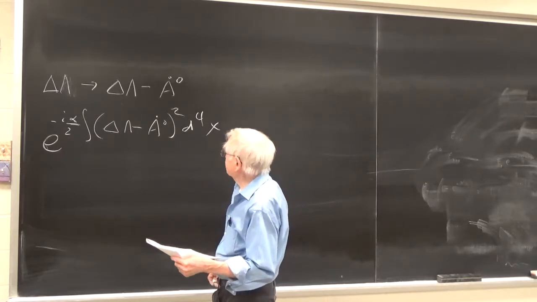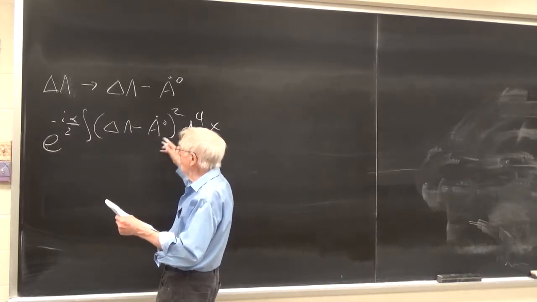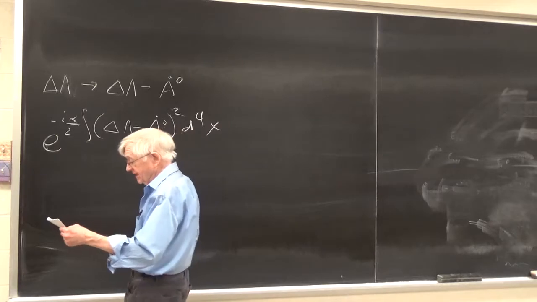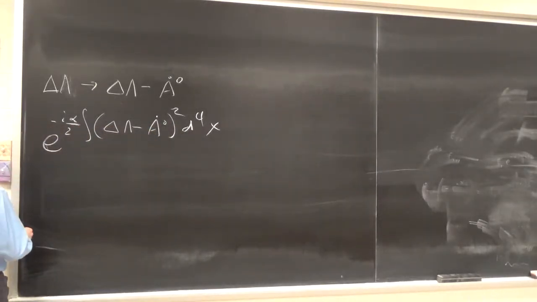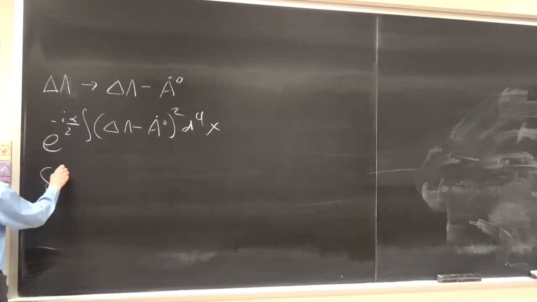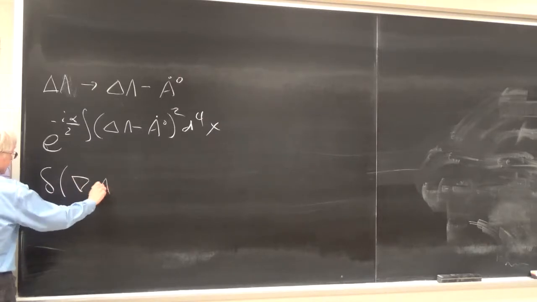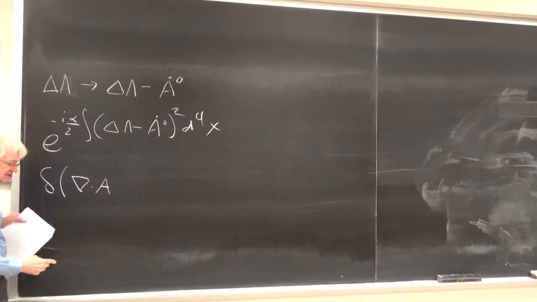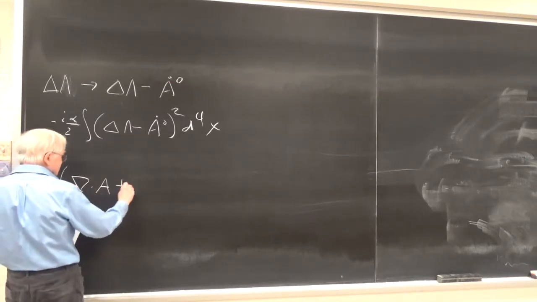And now we integrate over all lambda. And when we integrate over all lambda, the delta function is now del dot A, but A changes under a gauge transformation by grad lambda.